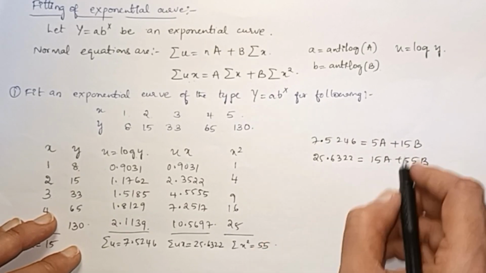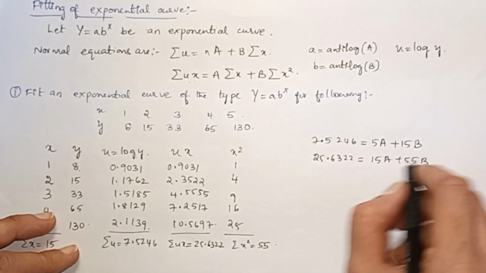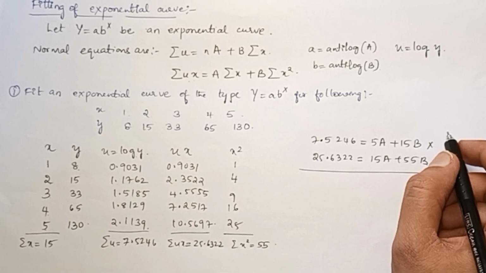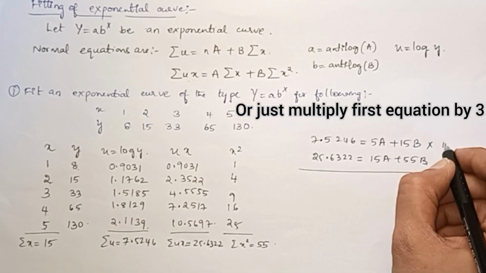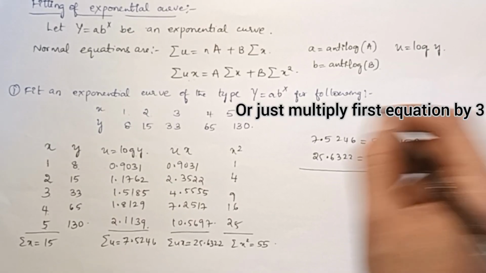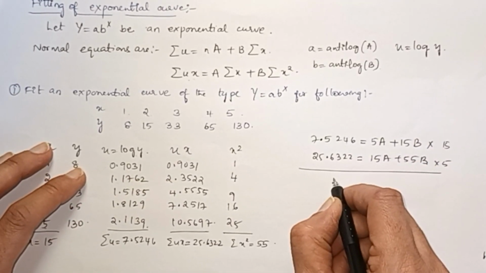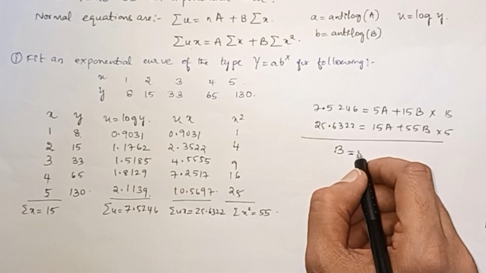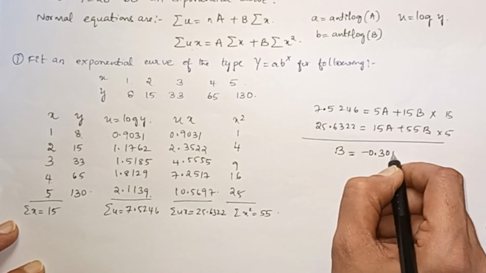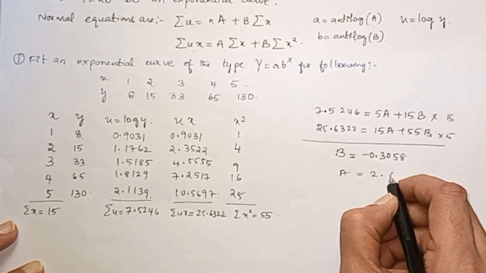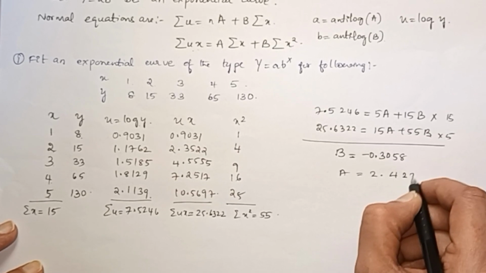You have to solve these equations as before. So one of the equations to be multiplied with 15, another with 5, and simplify. Okay, I don't do it once again, and you will get b value as minus 0.3058, and a value comes out to be 2.4224.